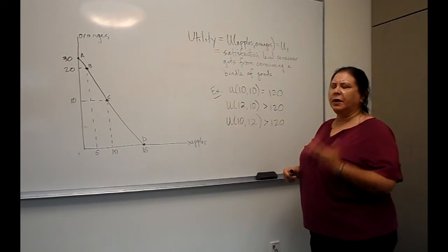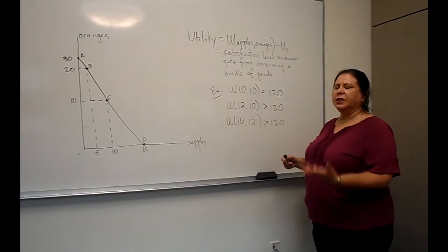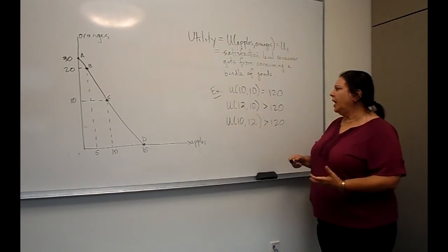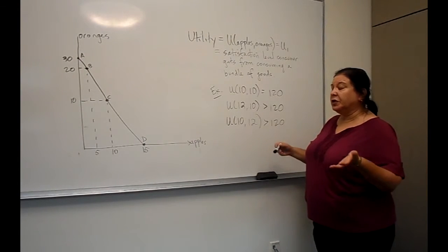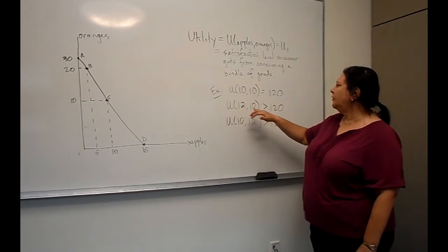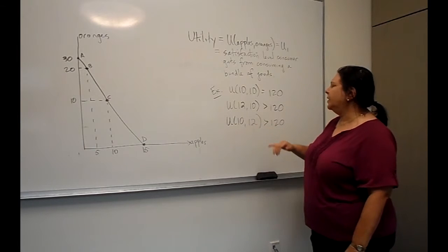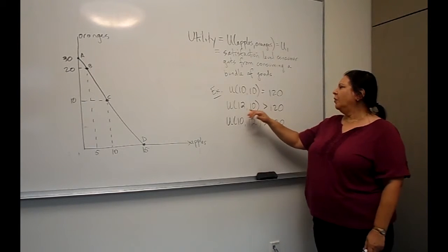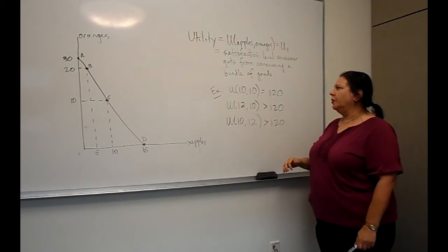That's why we have to come up with this scheme of utility so that we can rank or know which one the person is going to choose between bundles 12-10 and 10-12. Bundles like that where you have more of one good and less of the other one.